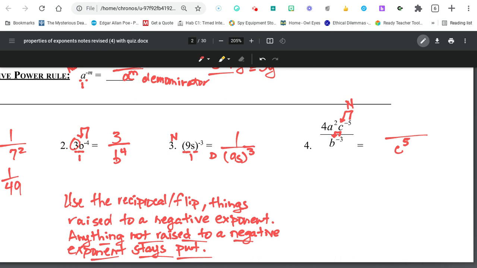Change the sign of the exponent. B is in my denominator, so I'm going to flip it to my numerator and change the sign of the exponent. But what about this stuff that's not raised to a negative exponent? Well, leave it in your numerator. Just leave it up there. That's all you do, because it doesn't have a negative exponent on either one of them.